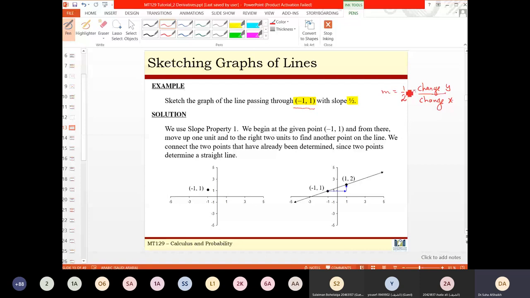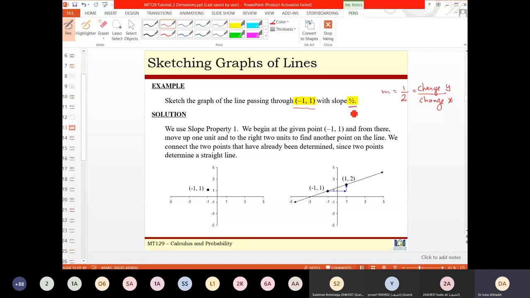So what's the change in y? It's 1. What's the change in x? It is 2, right? From the slope, I get that the change in y is 1 unit and the change in x is 2 units. And I know it's passing through the point (-1, 1).